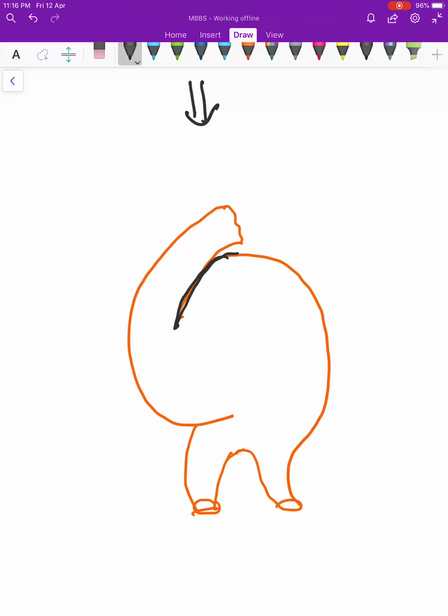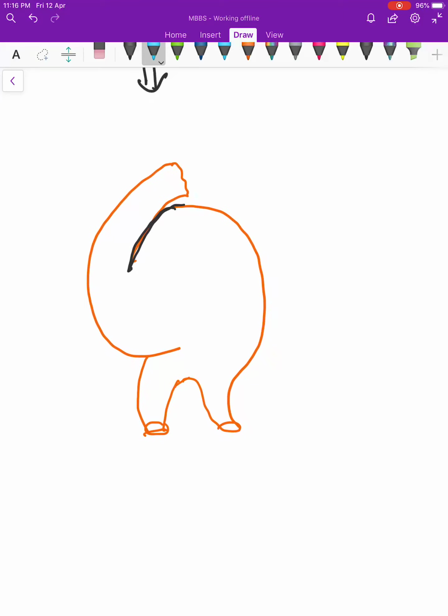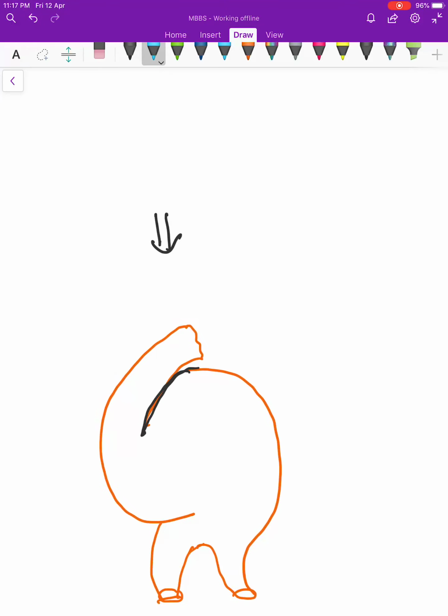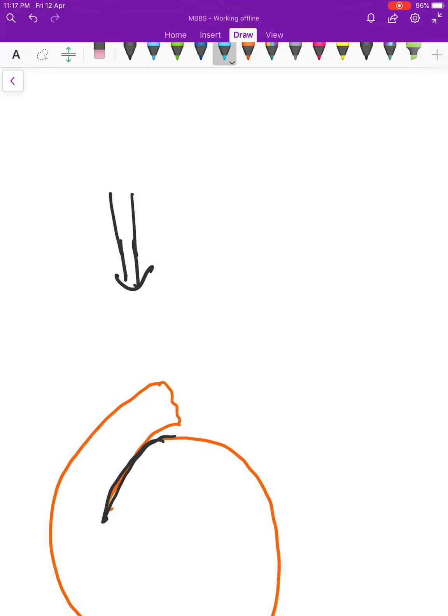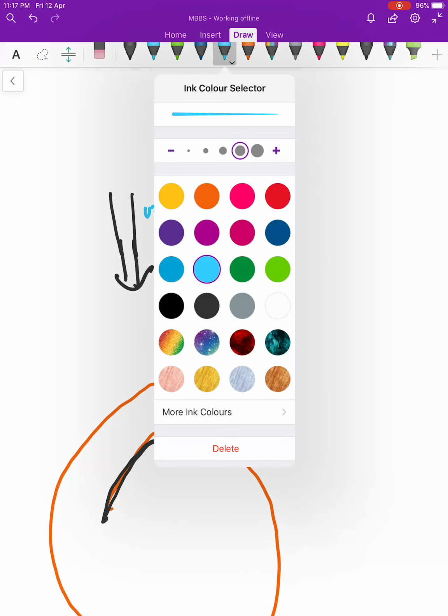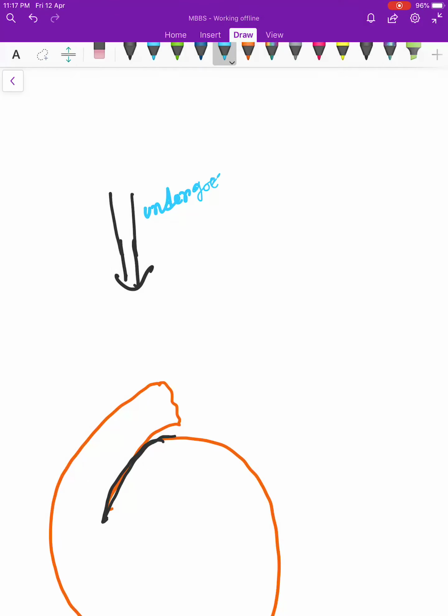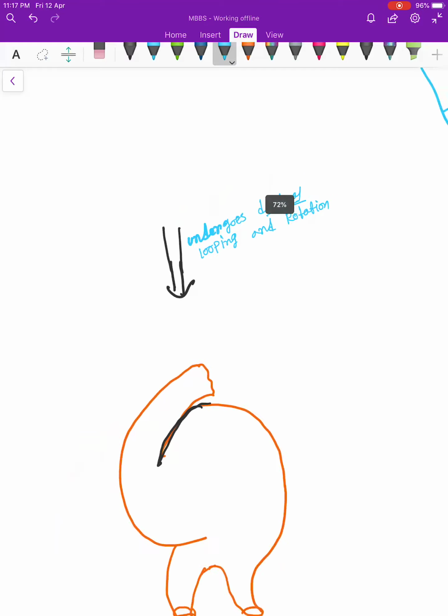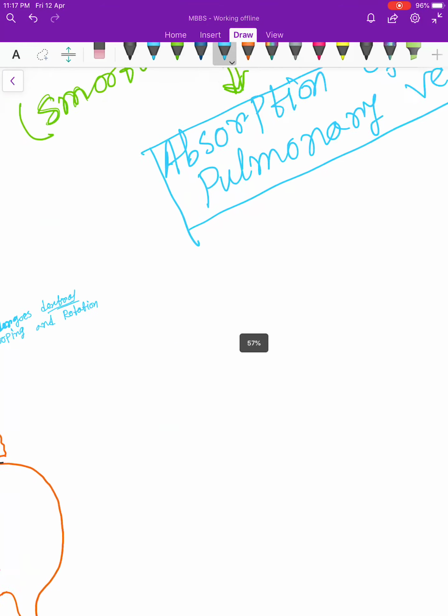Okay, so how this occurs, remember, the heart tube undergoes dextral looping and rotation. Dextral means toward right side. Okay, so let's see how.